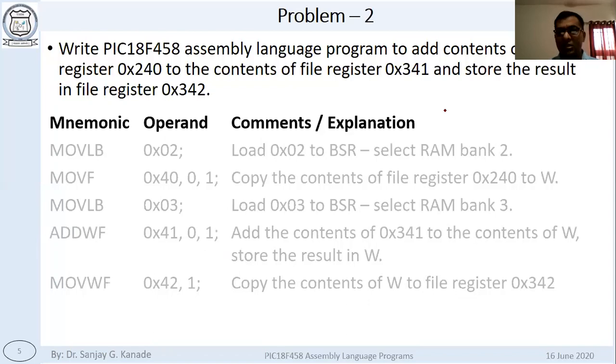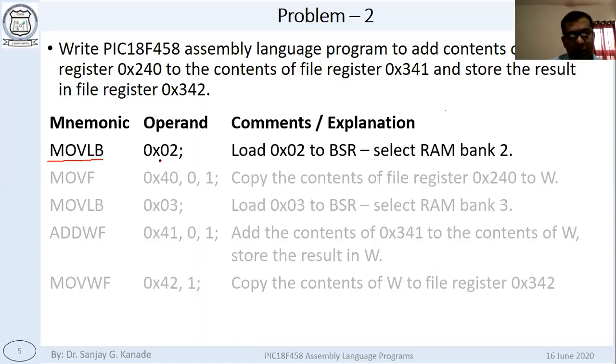So now converting these into instructions, what change has happened? An additional instruction has popped up, that is MOVLB. Remember this instruction from our previous lecture? MOVLB is the instruction which copies the literal value. Here L means the literal value 02 is copied to B, meaning BSR.